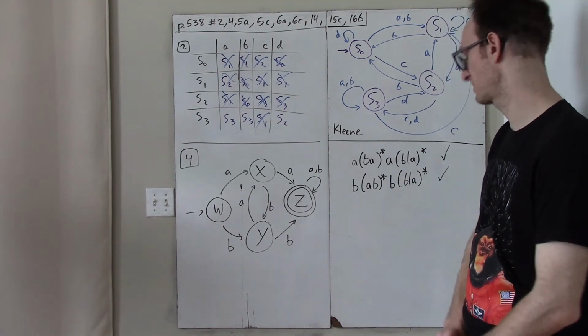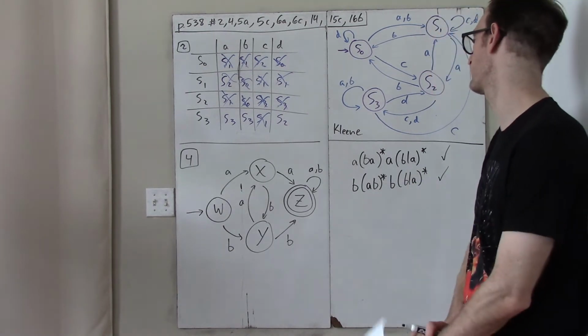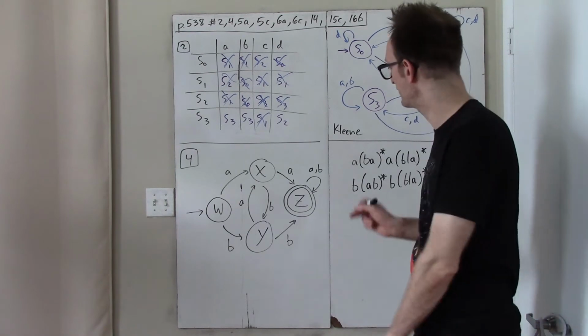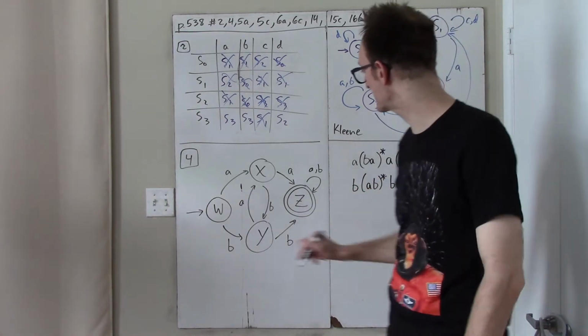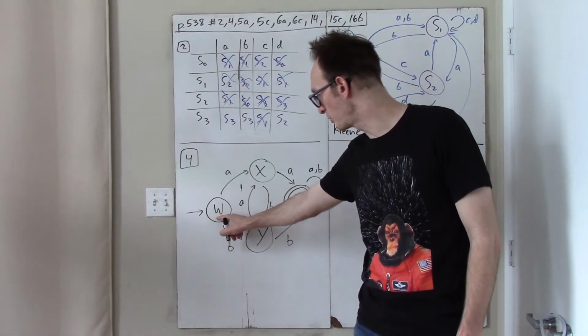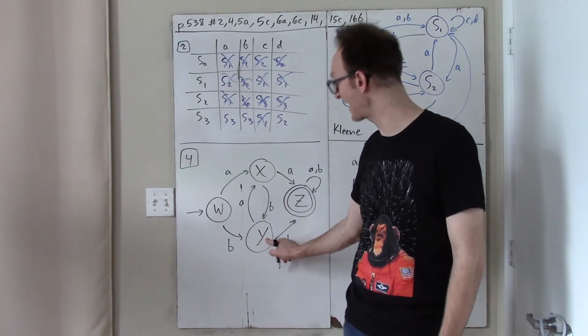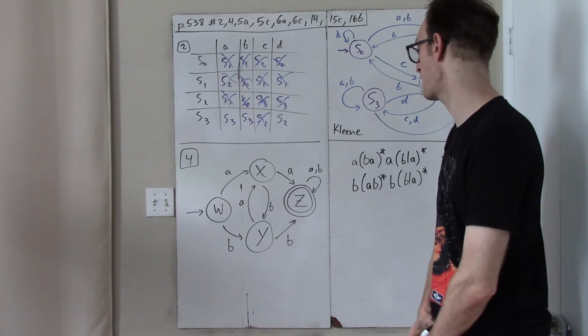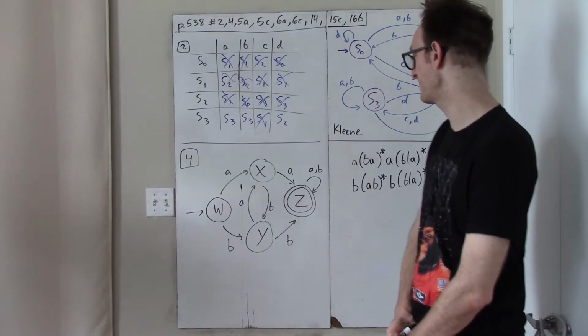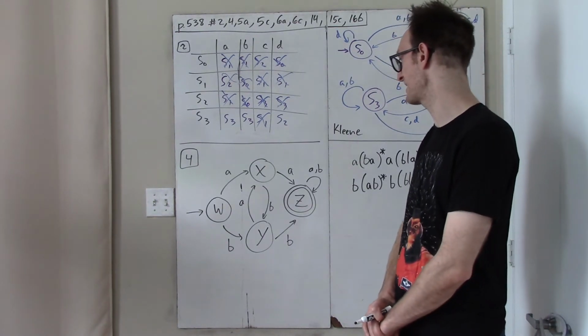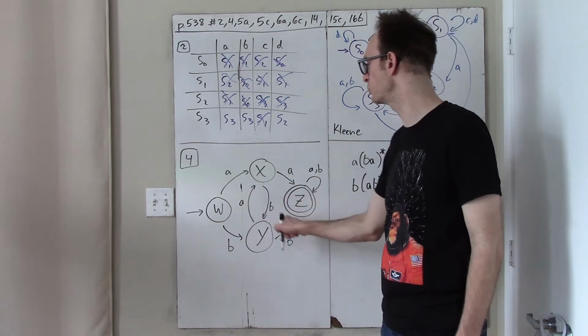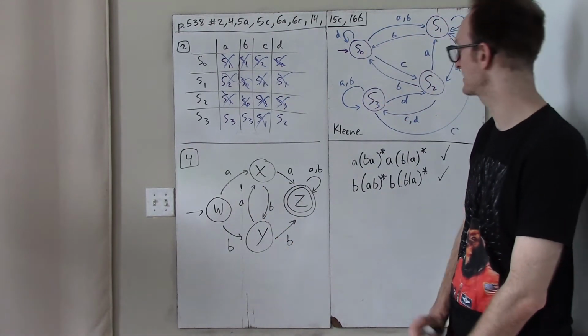When I did it last night, I did it a different way. Maybe I'll do it even a different way now on the spot. But I need to capture the one where I go W, X, but then end up at Y, and then go to Z. So the way to think about that is that it starts with an A and ends with two B's. Yeah, I agree with my last night self.